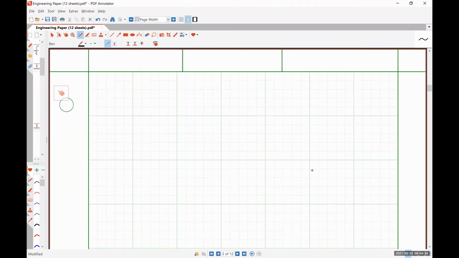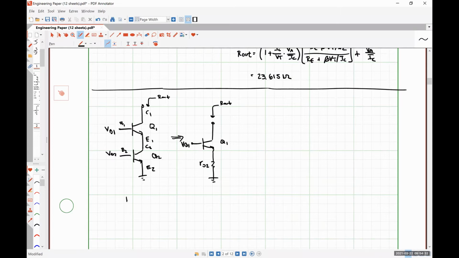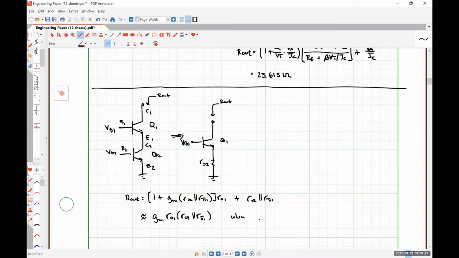And the result of this is that we get 1 plus GM1 times R02 in parallel with R pi 1, multiplied by R01 plus R02 in parallel with R pi 1, which looks like GM1, R01, R02 in parallel with R pi 1, when GM1 times R02 in parallel with R pi 1 is much greater than 1.